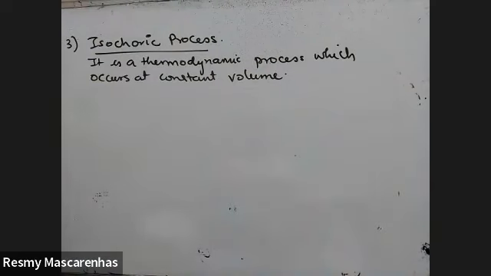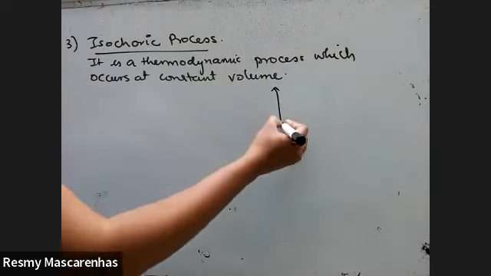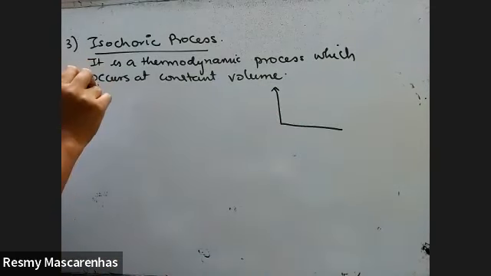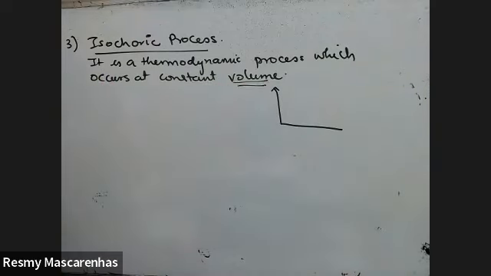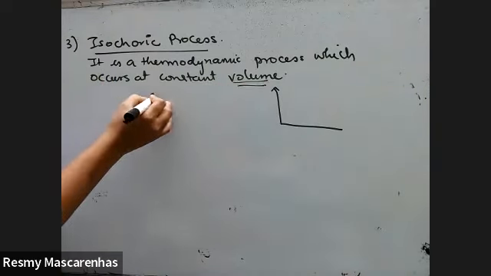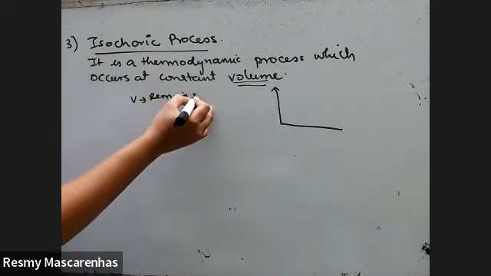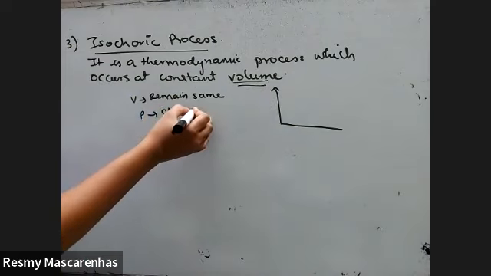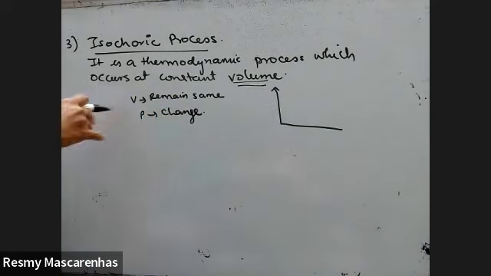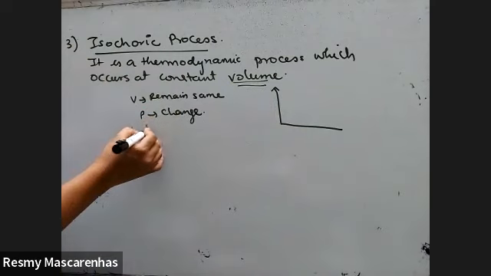So if you see the graph, how would it look like? Volume is constant, so only what will change? Volume is constant means V remains the same. Pressure will change, and temperature can also change.